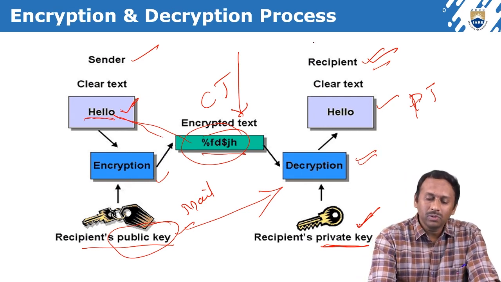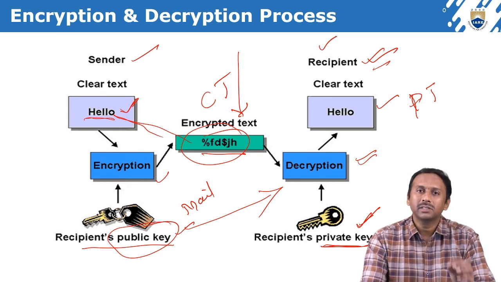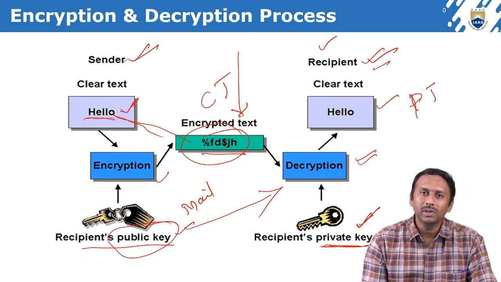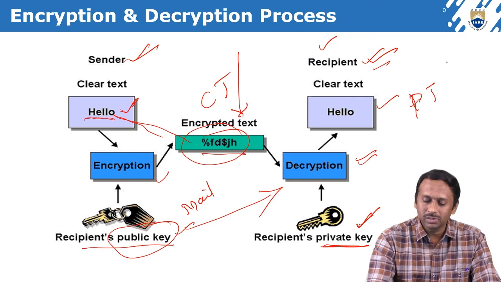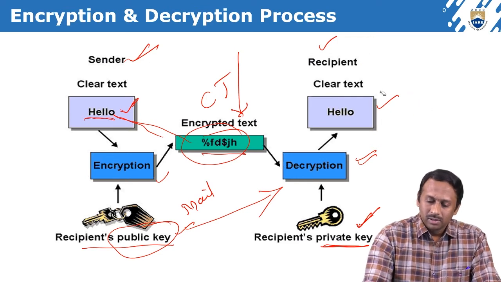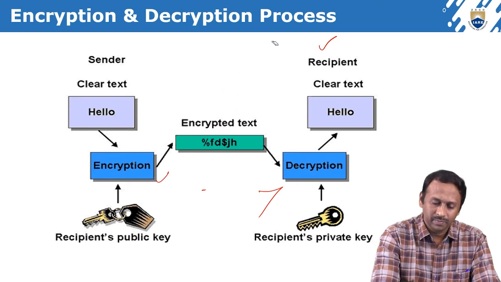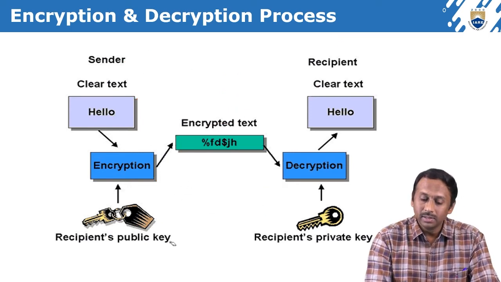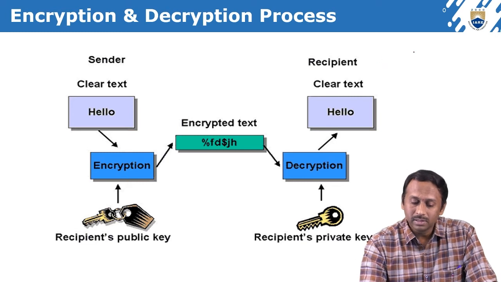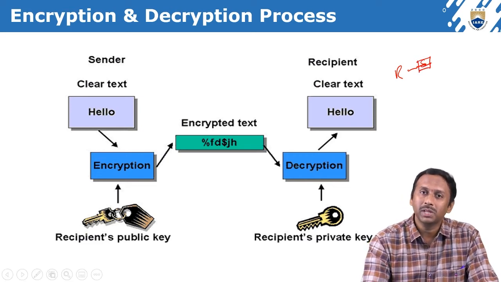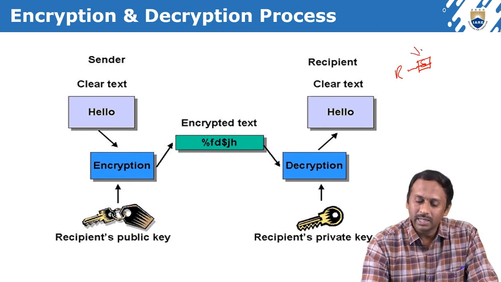For example, now the recipient wants to send a message to the sender. What will happen? See here, now the recipient is going to transmit a letter. First, it performs the encryption. The recipient is going to encrypt the letter with a key. Whose public key?